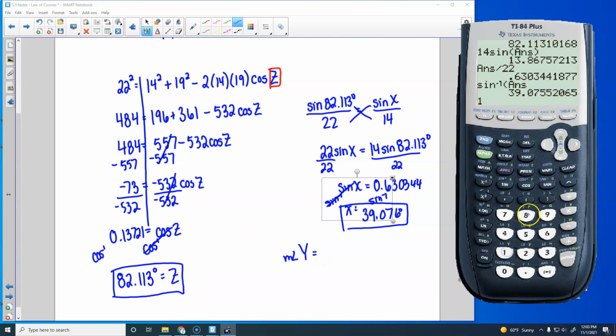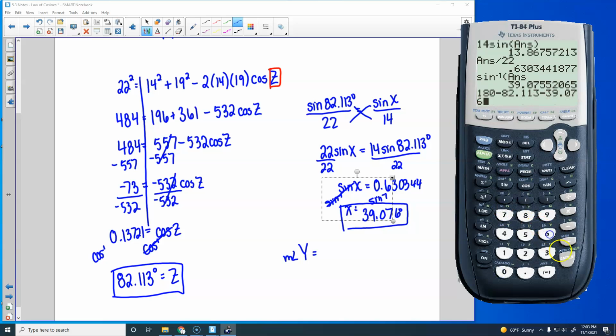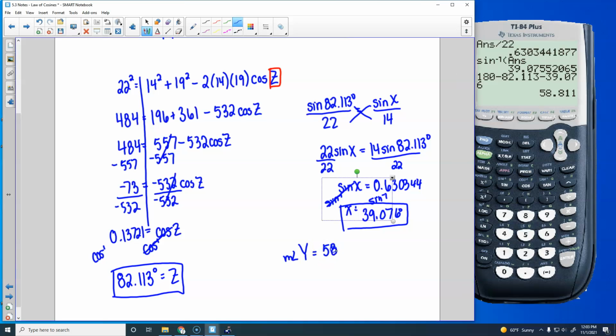So 180 minus 82.113 minus 39.076 is going to give me 58.8. Yes. So I store them into the calculator or whatever, like we did before.